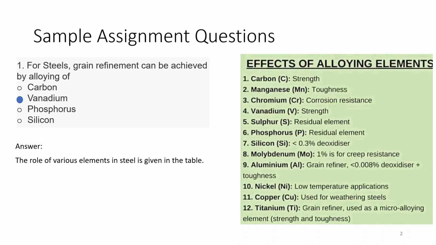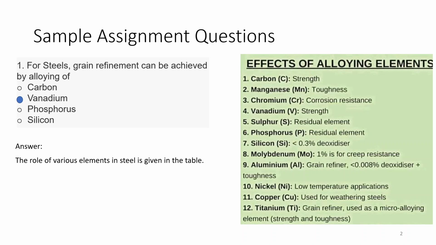It also increases hardenability of steel, and it also stabilizes austenite in steel. Copper is used for weathering steels, and titanium is used as grain refiner, and also is a microalloying element.